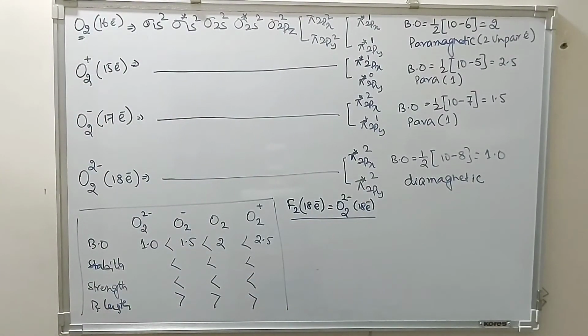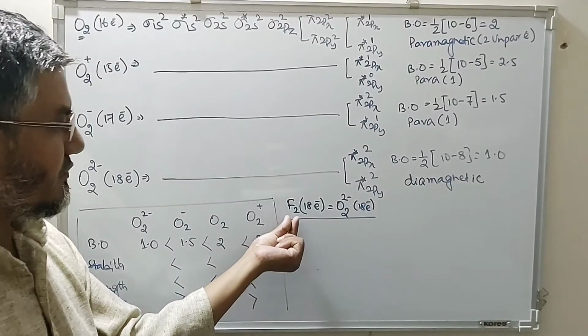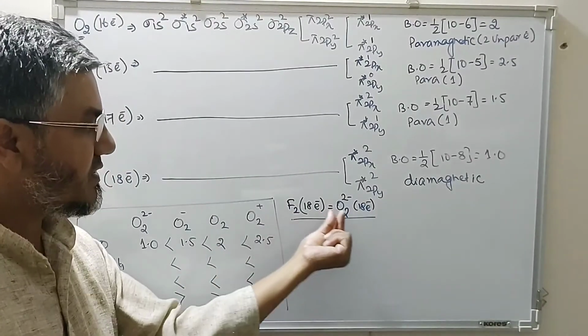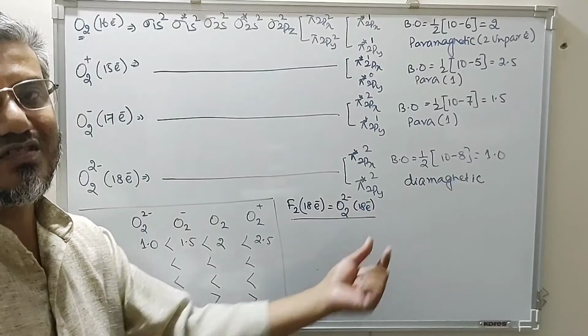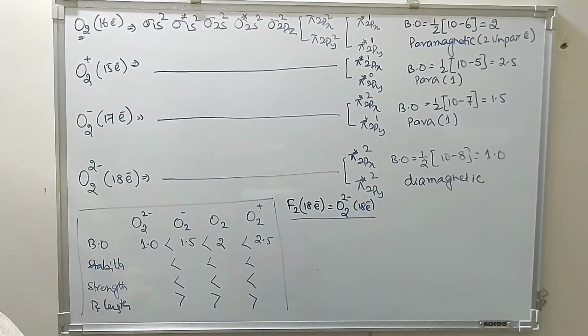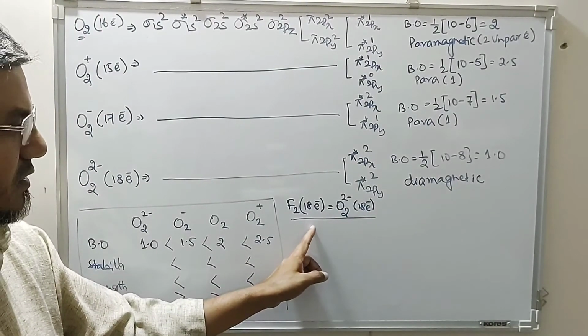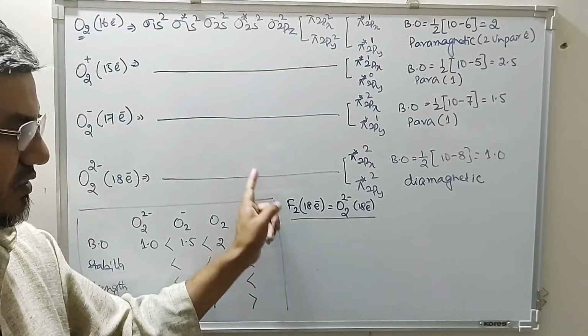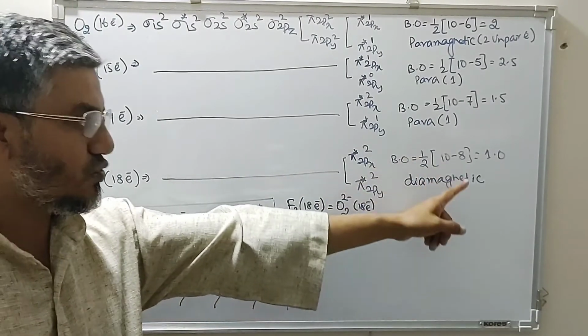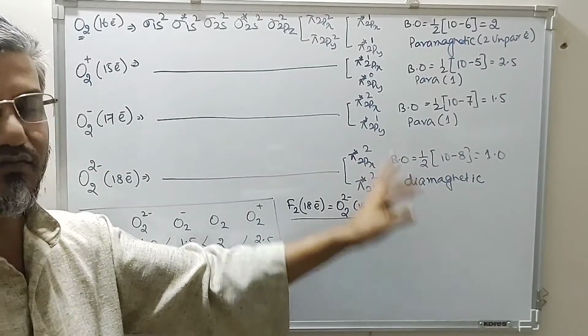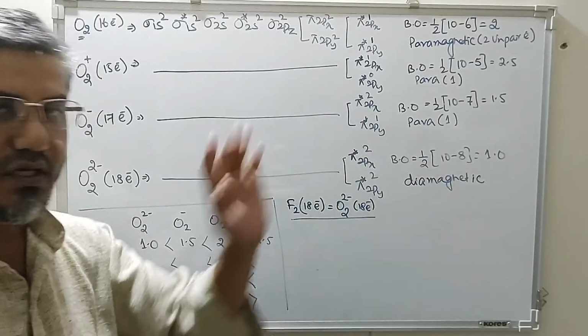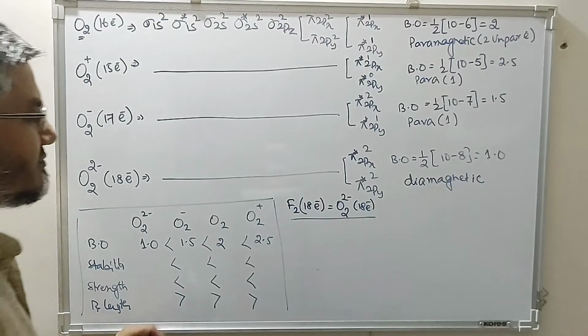If both are isoelectronic, the electronic configuration of F2 will be the same as that of the peroxide ion O2 2-. In both, the number of electrons is 18, the electronic configuration is the same, so the bond order is 1, and neither has any unpaired electrons, so both will show diamagnetic behavior.